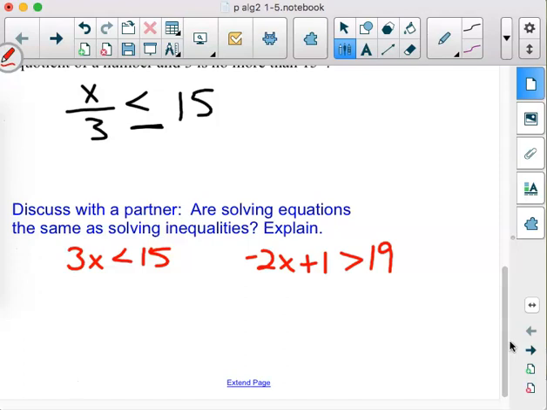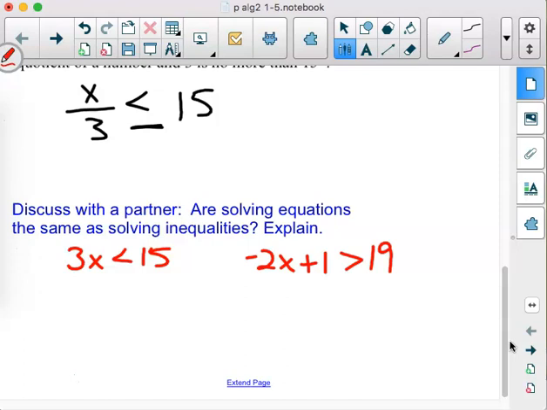No, you know there's something hinky, right? Anybody remember the one glitch with inequalities? What's the one hinky thing with inequalities? Remember it? Dividing by a negative. It is. If you have to multiply or divide by a negative, you have to switch the sign. You got to flip it.